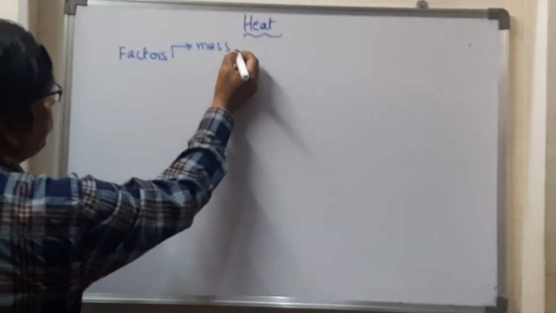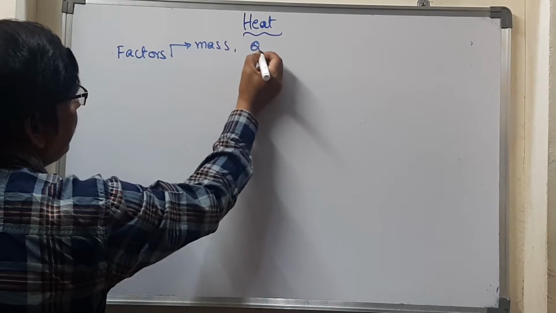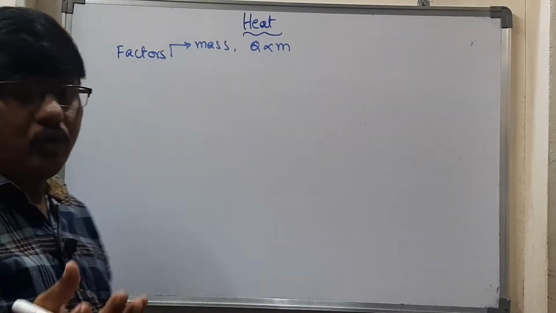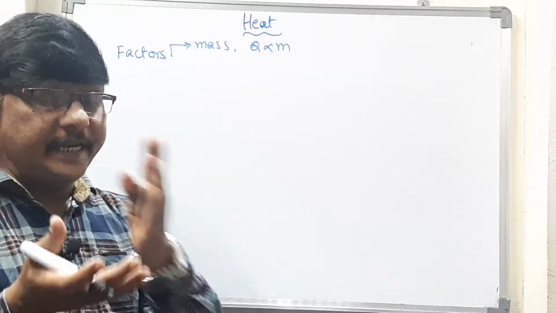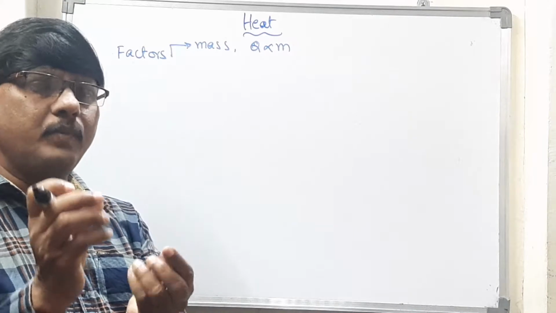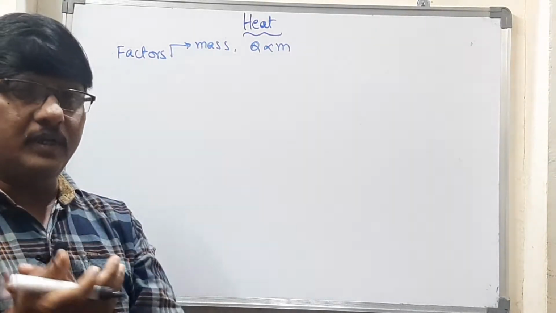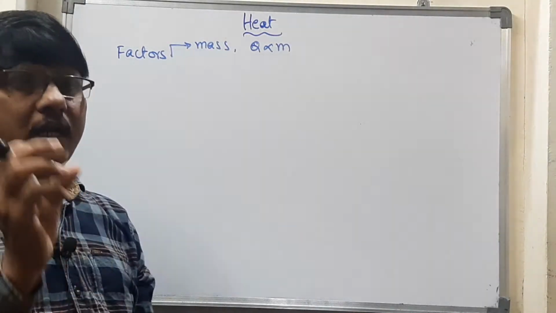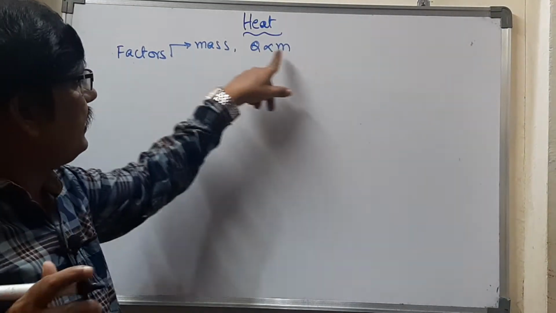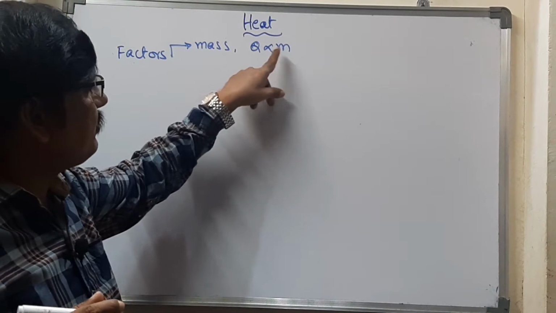If more mass is there, more heat has to be supplied to get it heated. If you want to heat a substance, the energy supplied depends on its mass: less mass, less heat; more mass, more heat. That can be expressed as Q is directly proportional to M.